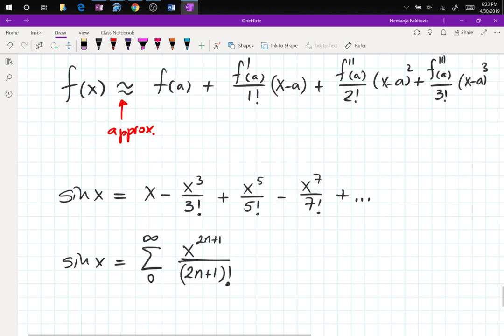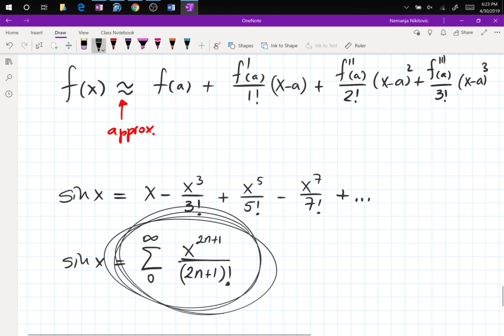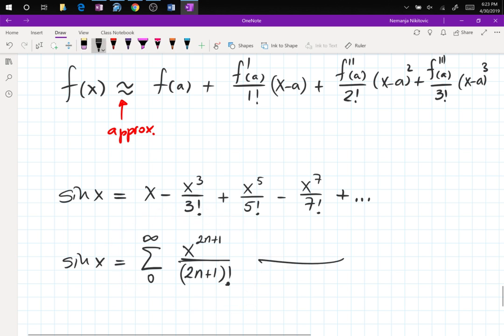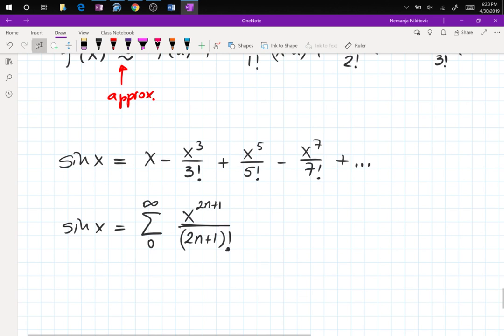And then the next one is 3, 5, 7, and so on. So now we are able to write the sine x as the infinite polynomial over here, and if you want to expand it, you get this particular polynomial here. So now, the sine function can be written as the sine function, or it can be written as the infinite polynomial.